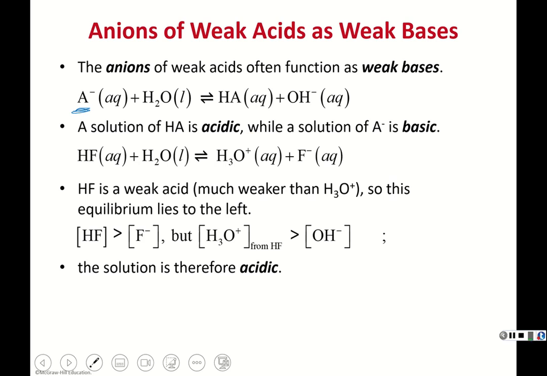So HF concentration is much, much greater than the F minus concentration. But H3O plus from the HF is going to be greater than OH minus in solution. Therefore, the solution itself is acidic.